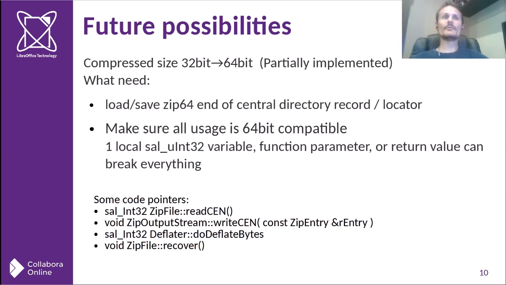I mean, even if there is just one variable that is smaller than that, just a function parameter or a returned value, if we copy a bigger value into this variable, then it will be cropped, and probably LibreOffice will crash.